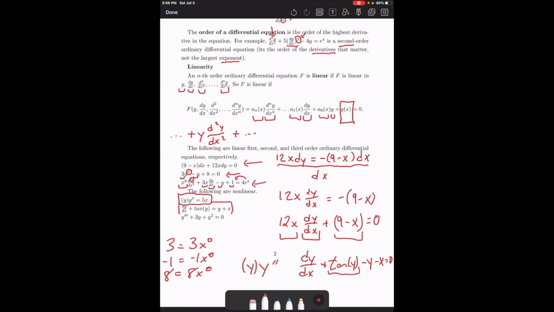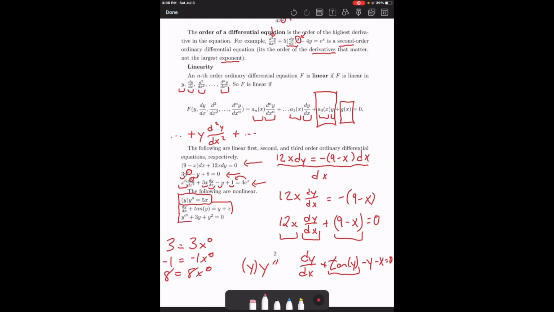If we look back up at our definition, the only y term is one that is multiplied by some function of x. So you can't actually have y itself contained within some smaller function, some tan y or sine y or ln y or e to the y. None of that is going to fly if you're looking for linearity. So because of the existence of this tan y, this is not linear.